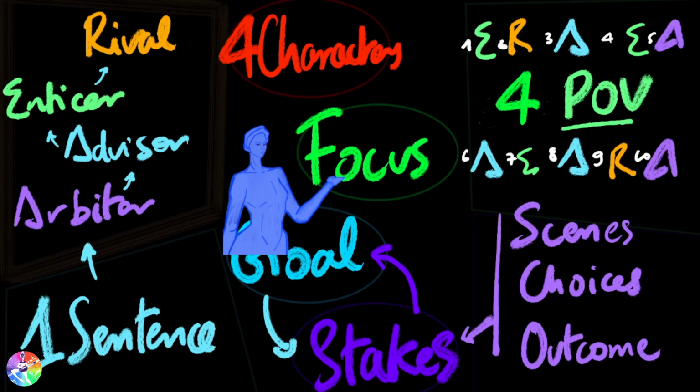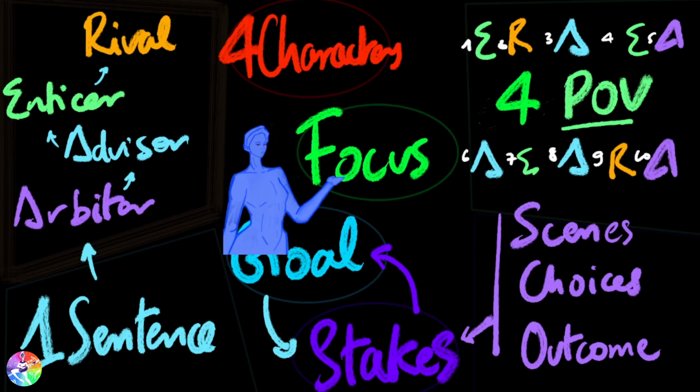And in this manner, you can write chapter 1 enticer, chapter 2 enticer, chapter 3 arbiter maybe, chapter 4 enticer, chapter 5 enticer, chapter 6 rival, chapter 7 enticer, chapter 8 enticer, chapter 9 and 10 arbiter. So that would make a story which is quite focused on the enticer, which would be here the protagonist, and to some extent on the arbiter, which would be the main antagonist in the situation.